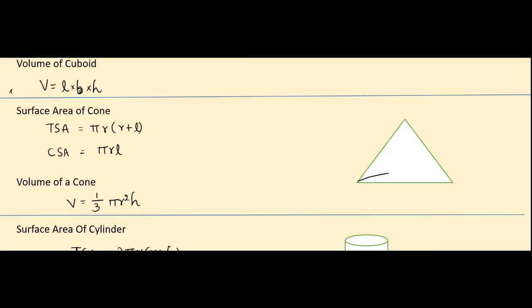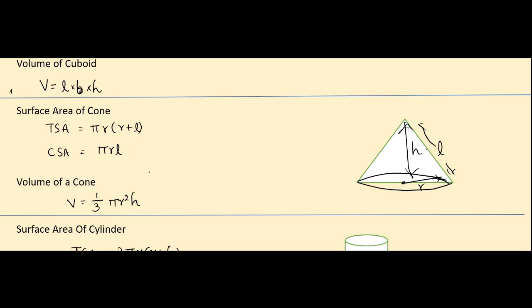For example, ice cream cone, which is the shape of a cone, of radius r, slant side L, and height H. The total surface area is nothing but pi r into (r plus L).